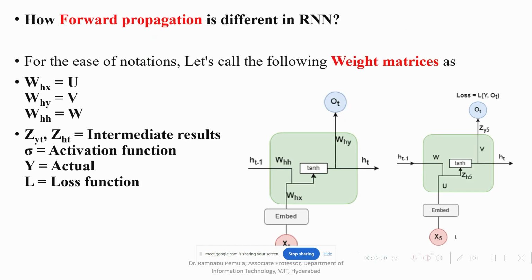And here, see this one, this is a simple node structure. We already discussed this: HT is embedded to some new word, and it contains a word vector of some length, say 200. The previous node also contains a 200-length word vector, and that is multiplied by WHX, and this is multiplied by WHH, and we get new words. The new words have the same length only.